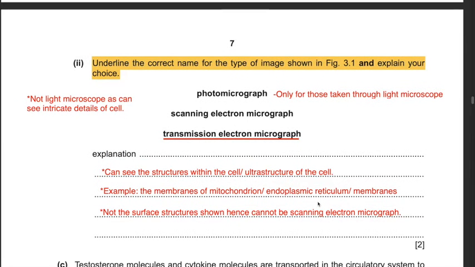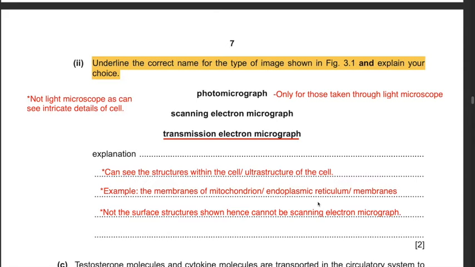microscope photomicrographs. Considering between scanning electron micrograph and transmission electron micrograph, the best possible answer is transmission electron micrograph. Why is that? Because you can see the structures within the cell or the ultrastructure of the cell. Example, membranes of mitochondria, endoplasmic reticulum, or even membranes. You cannot visualize the surface structure shown, hence it cannot be scanning electron micrograph.